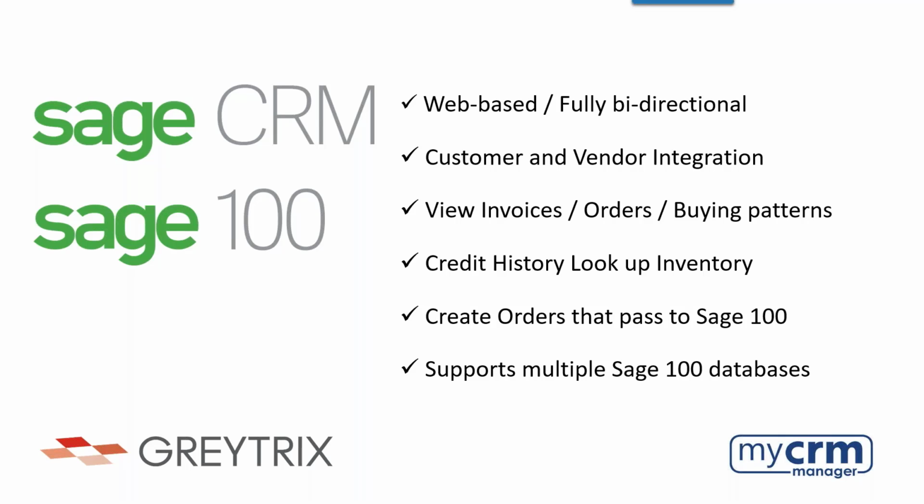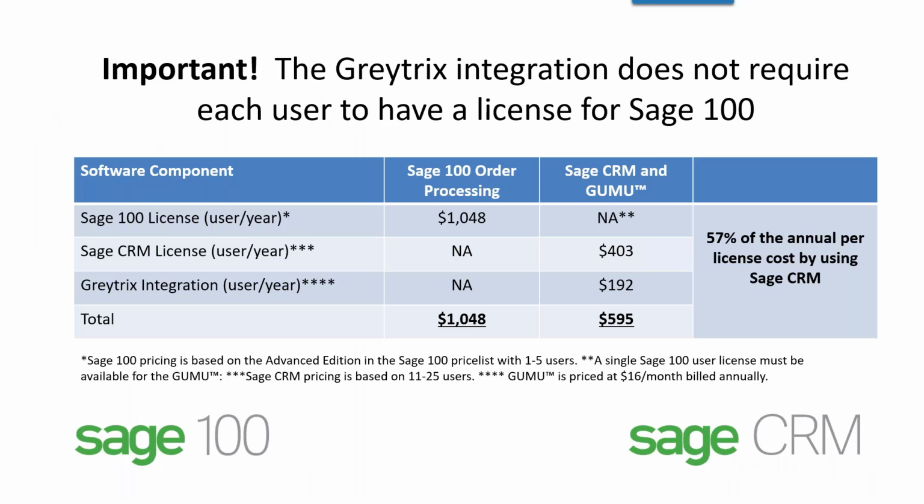Again, a lot of the people on this call are from the Sage 100 community, and this is accurate. I checked the pricing and I went through the updated October lists. If I had a bunch of order processing people that are really salespeople, well, they all need a license for Sage 100 the traditional way, but if you do this through the Graytrix or the GUMU integration, you have to buy a Sage CRM license, and the GUMU integration is very different.